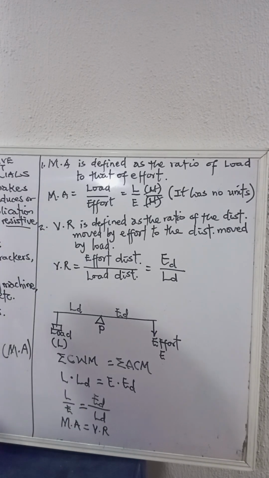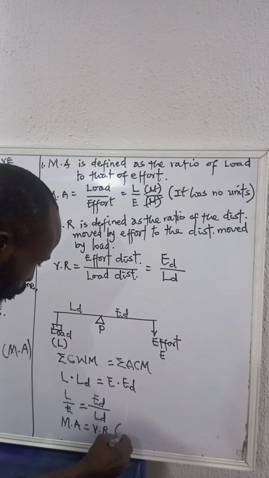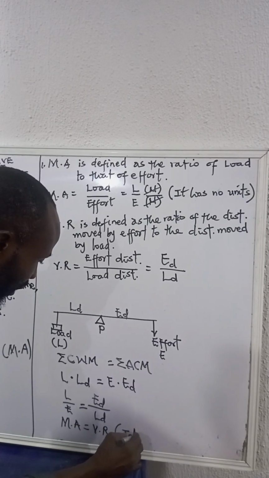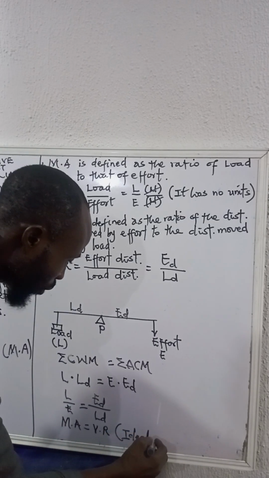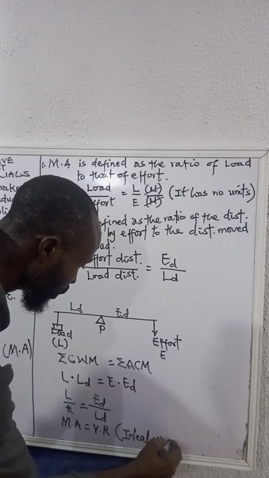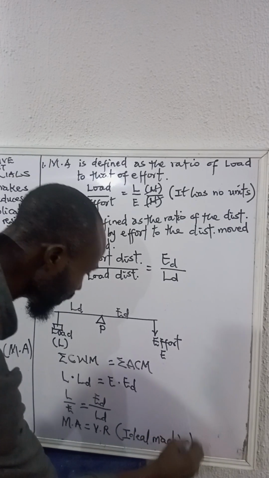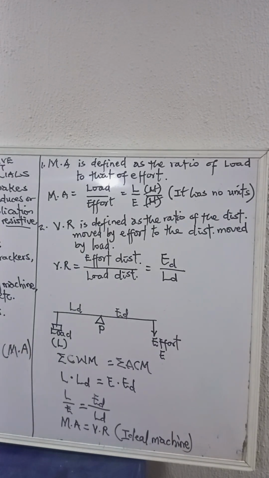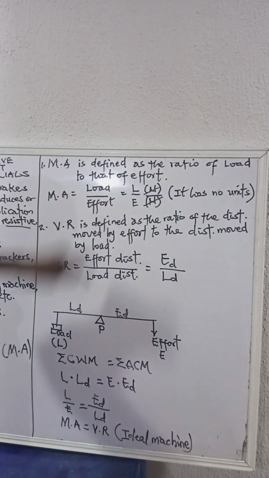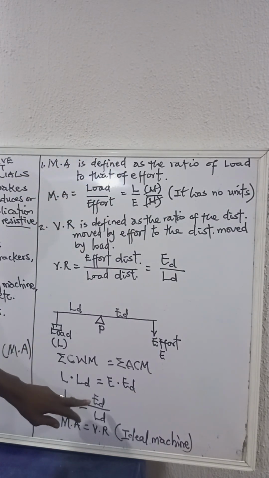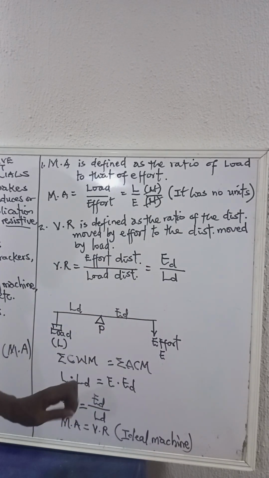And when we have these two being equal, we'll be talking of an ideal situation, which takes us to the concept of ideal machine. What is now the meaning of ideal machine? Let's check this one critically well. What's the formula for mechanical advantage? Load divided by effort, which is what we have here. What is the velocity ratio? Effort distance over load distance.